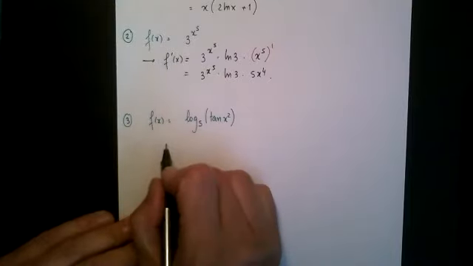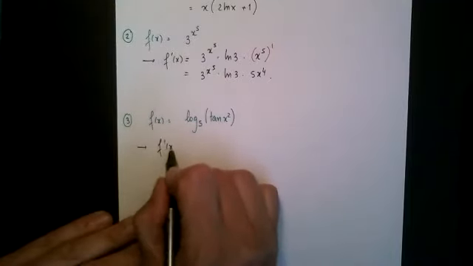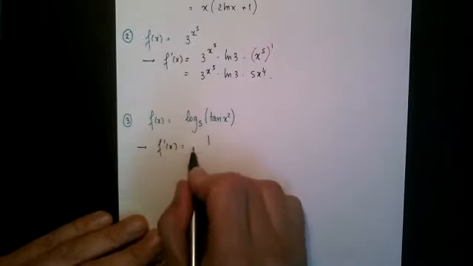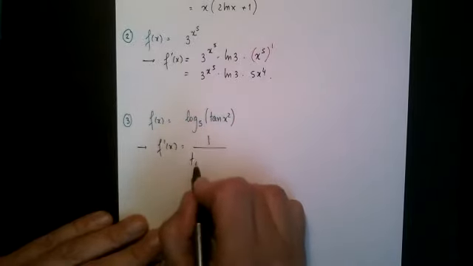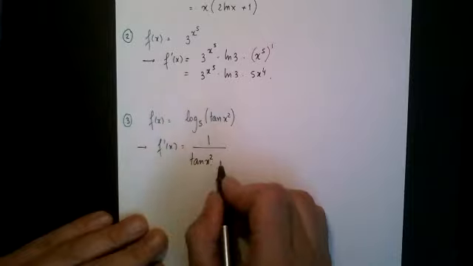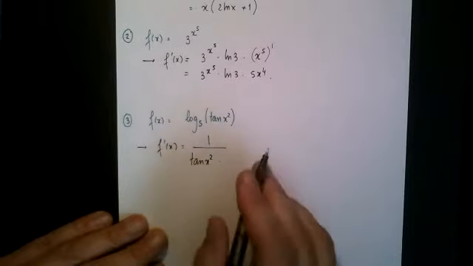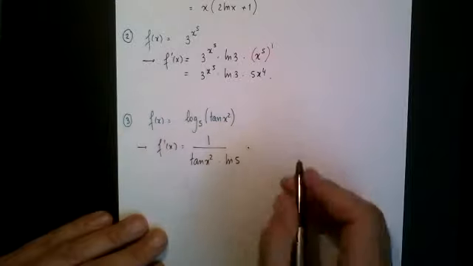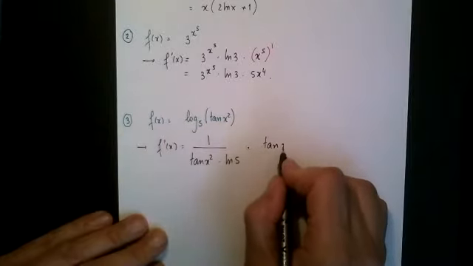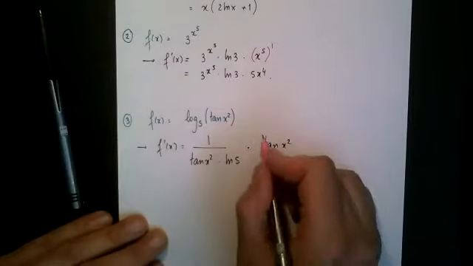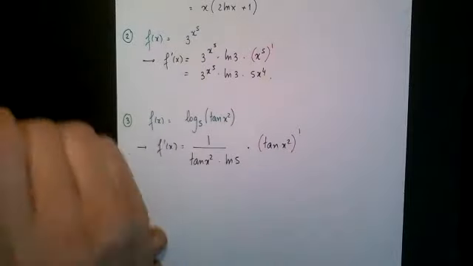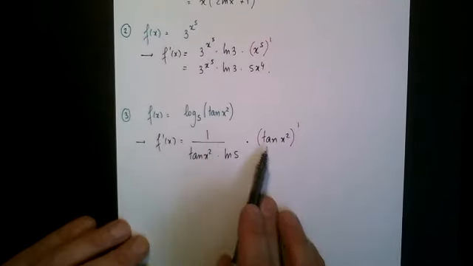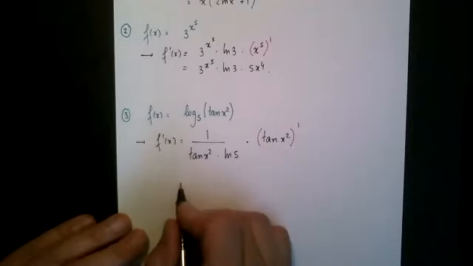Okay, now f prime here. So the derivative of log in base 5. It's 1 over what's inside, so 1 over tangent x2 times ln of 5, times the derivative of the inside. Right, my usual chain rule. And this we know how to do. We've done this a lot.